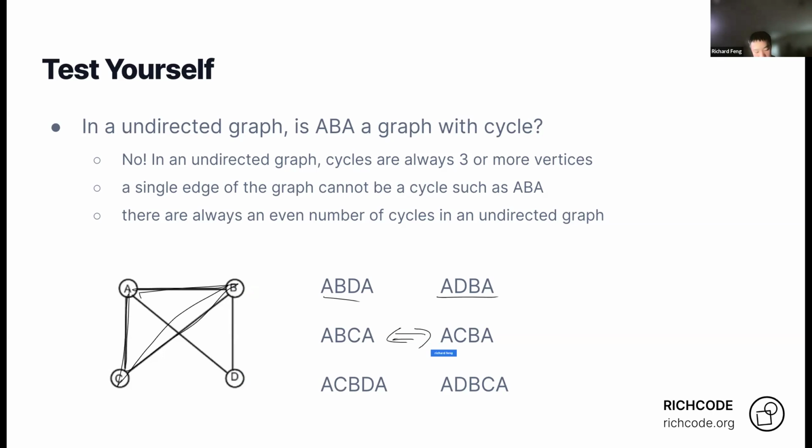And then we have a more complicated one, ACBDA and ADBCA, which are also the same, except they're in 2 different directions. So in conclusion, there's always an even number of cycles.